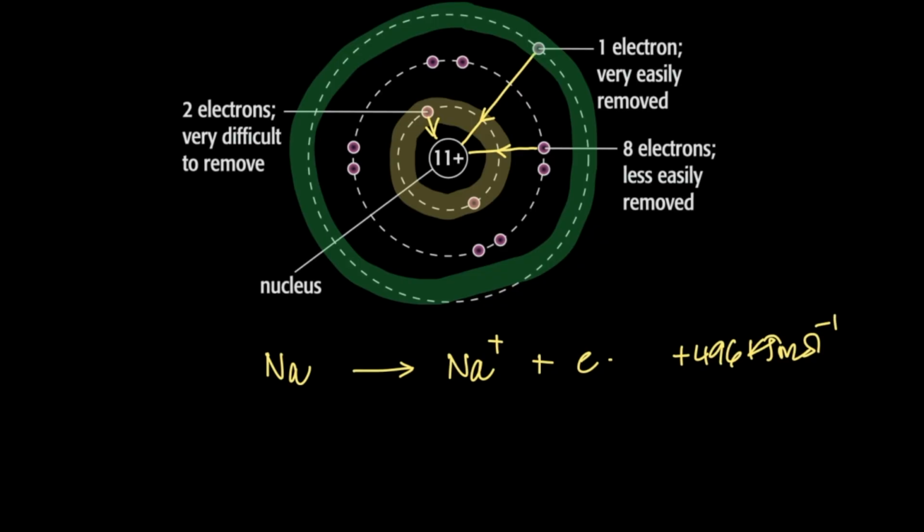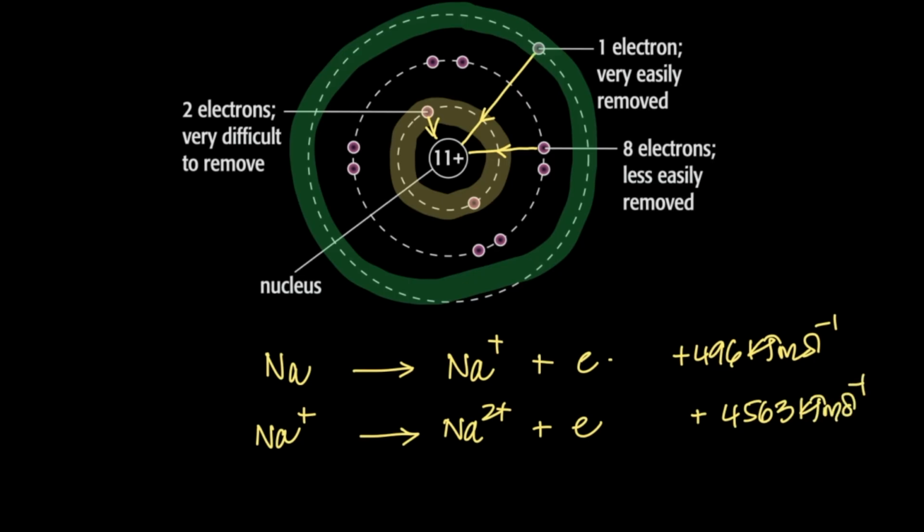That would be the first ionization energy of sodium. The second would be sodium 1 plus to sodium 2 plus, and that is about 4,563 kilojoules per mole. Then you can take the third one out, that is 2 plus becoming 3 plus.